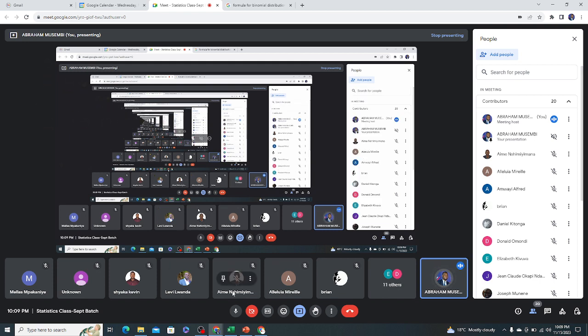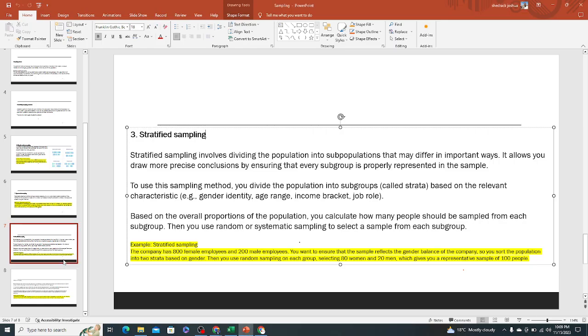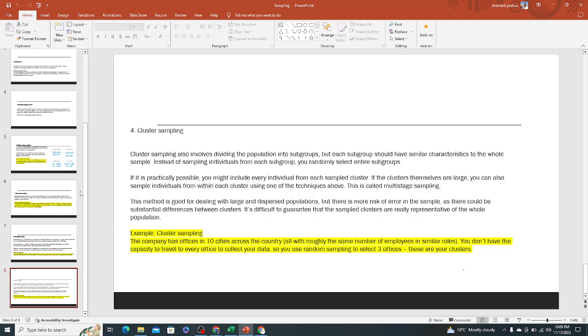All right, good. Now let's go to the last sampling method, that is cluster sampling.